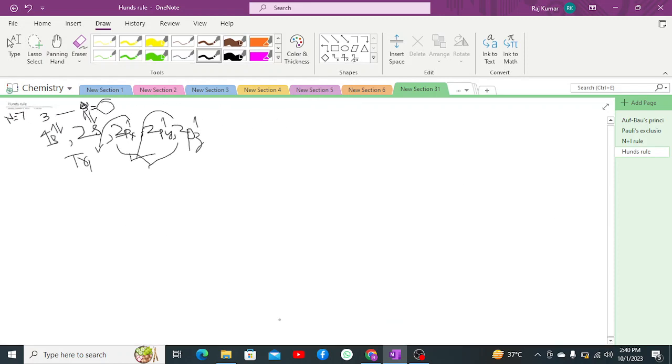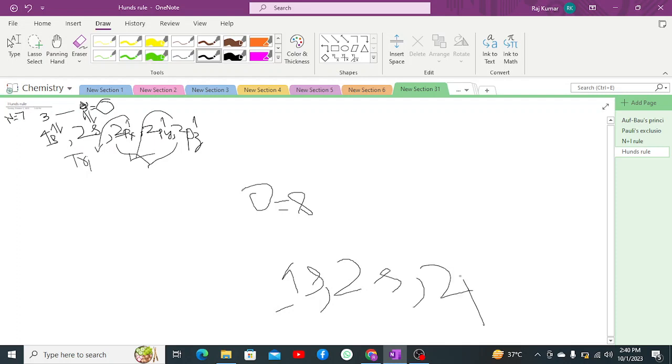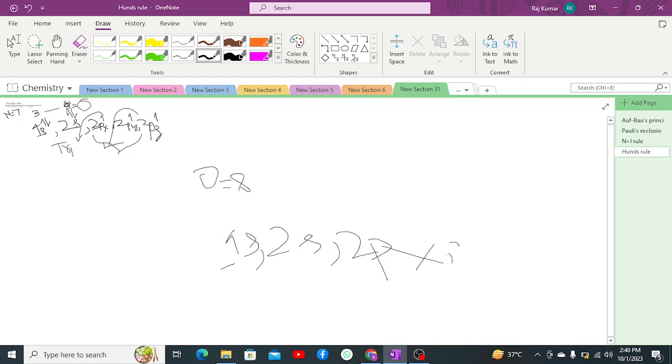Trivalent. On the other hand, for oxygen, we have 1s, 2s, 2px, 2py, 2pz.